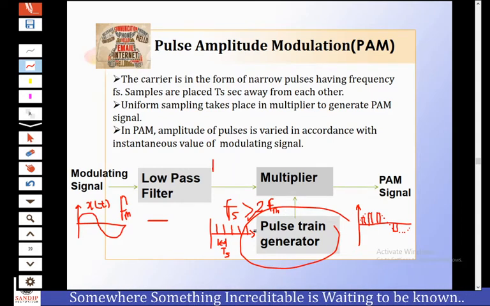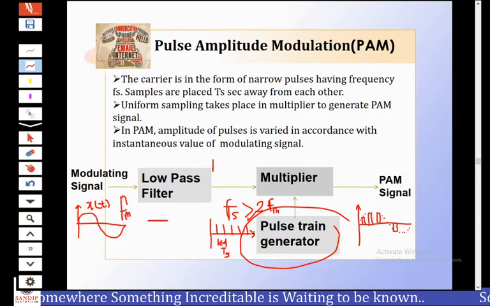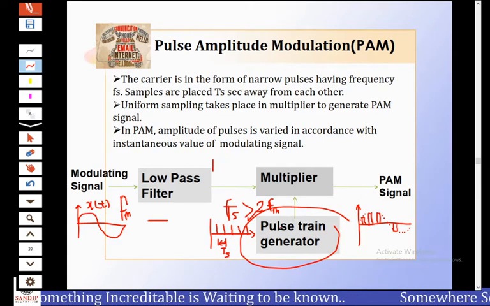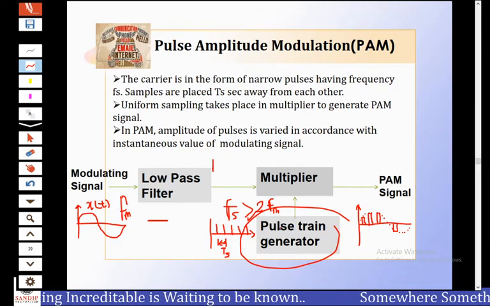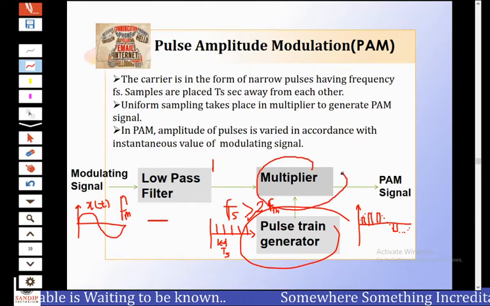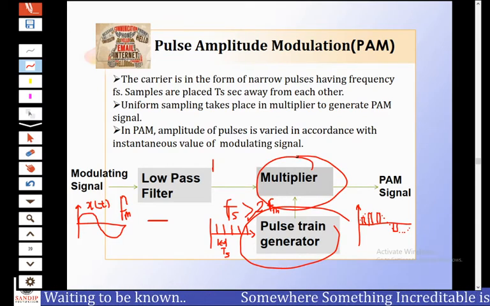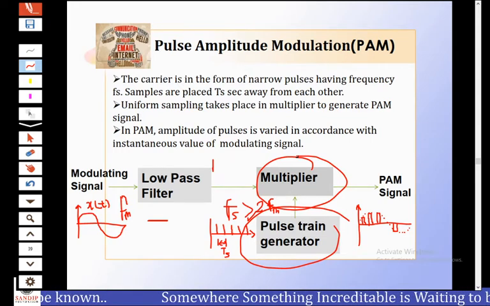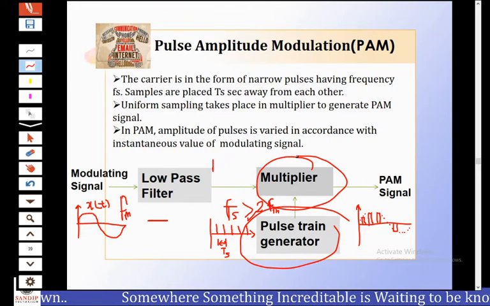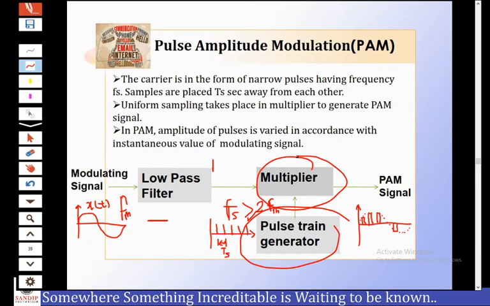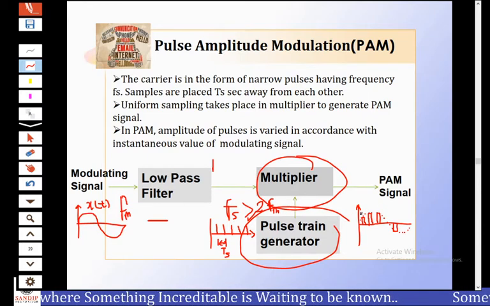The rectangular narrow carrier pulses generated by the pulse train generator would carry out uniform sampling in the multiplier block to generate the pulse amplitude signal as shown in the figure here.